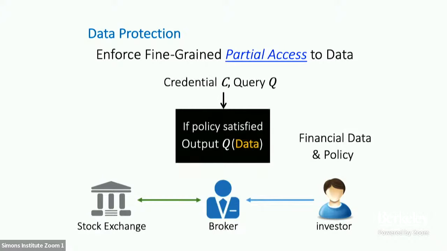What they can do now is to obfuscate, hide the data inside an obfuscated program that will guard the data and only answer certain very specific queries when the matching credential is present. With the obfuscated program, the broker can now make limited queries on the data that is sufficient for him to make decisions on the stock exchange, but does not see the data in its entirety.